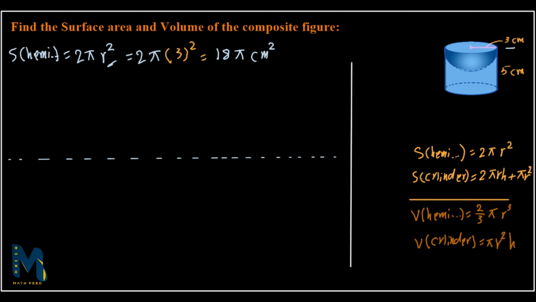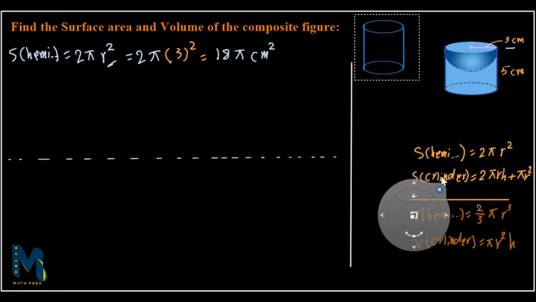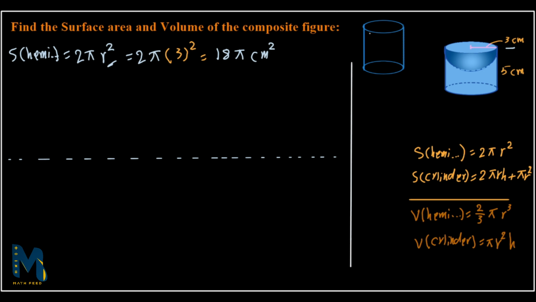So we have to find the surface area of a cylinder. Before that, I want to tell you something about a cylinder. We have this kind of cylinder. The rule of a cylinder is 2 pi rh plus 2 pi r square. We have two circles, so we have 2 pi r square.